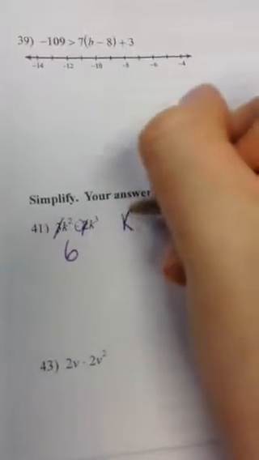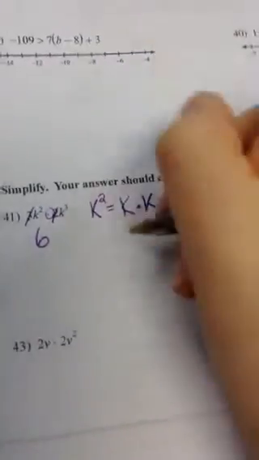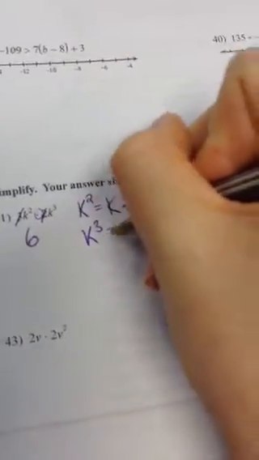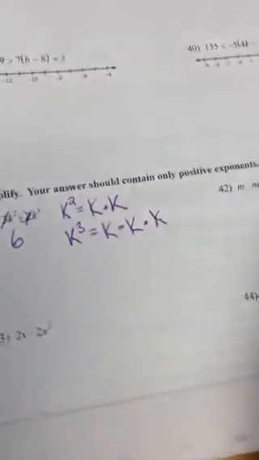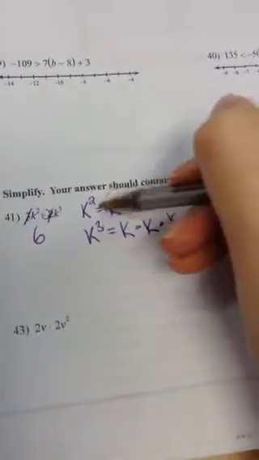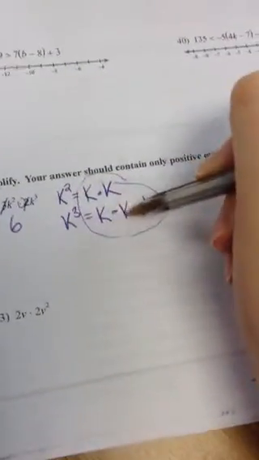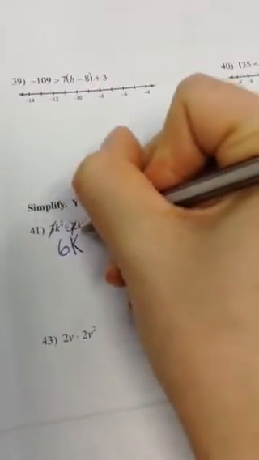K to the second power means k times k. I'm multiplying k twice. K to the third power means I'm doing k times k times k. So total, I have 1, 2, 3, 4, 5 k's being multiplied. So that's how we get k to the fifth.